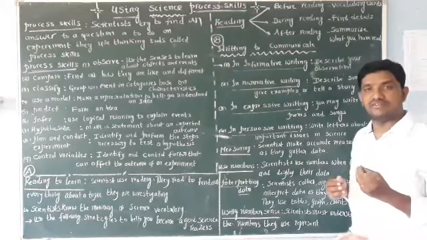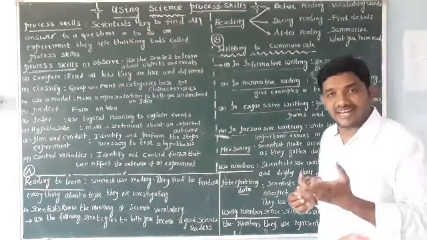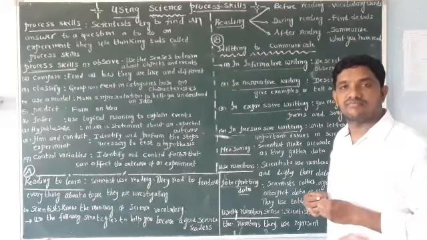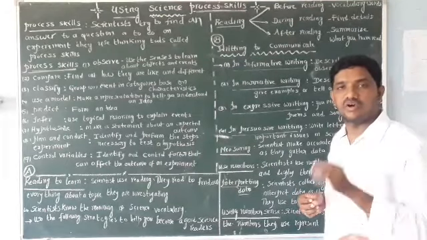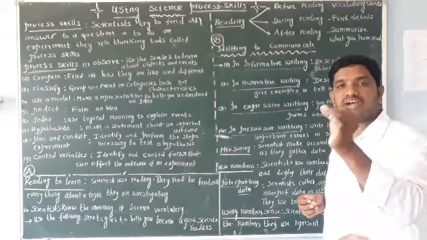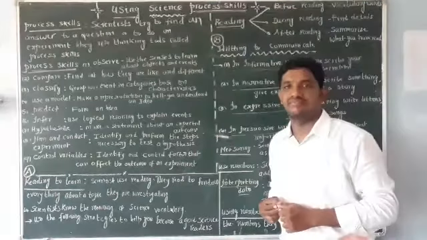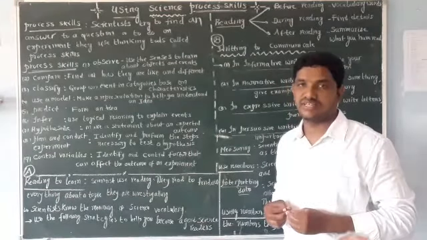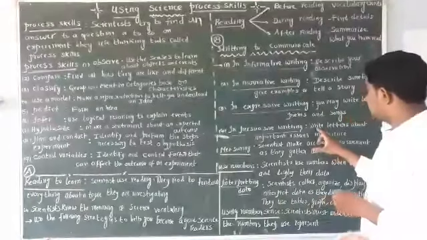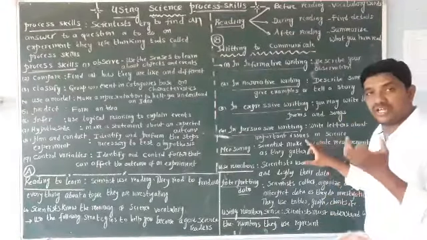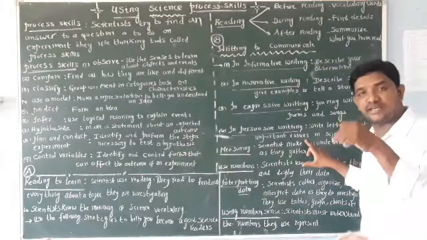For example, what is the current event nowadays? COVID-19. COVID-19 means coronavirus disease 19. It is a current event, yes or no? Here, write letters about the important issues. COVID-19 disease is an important issue.